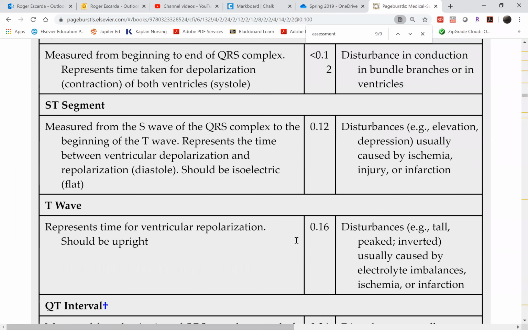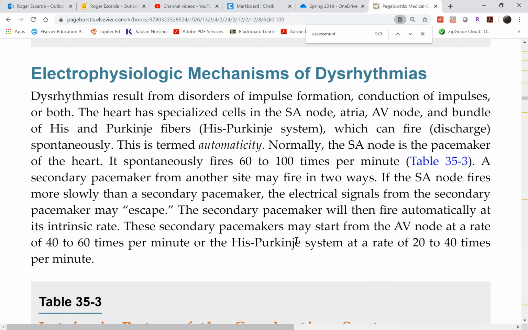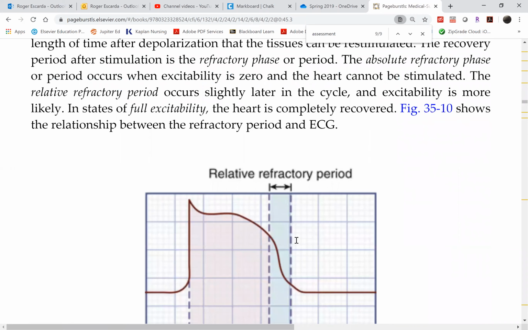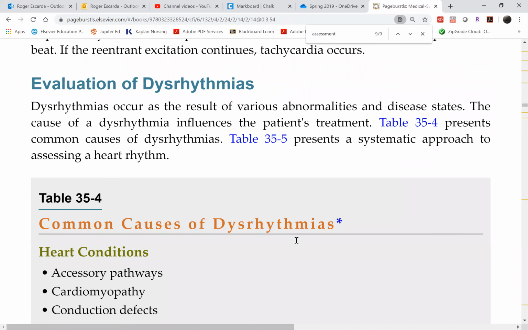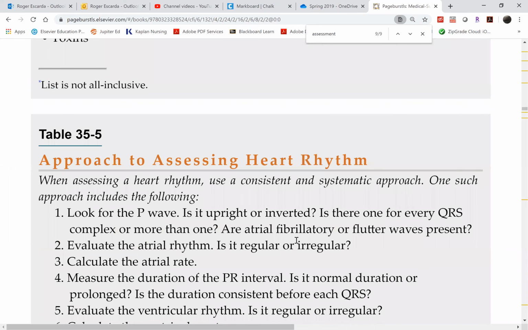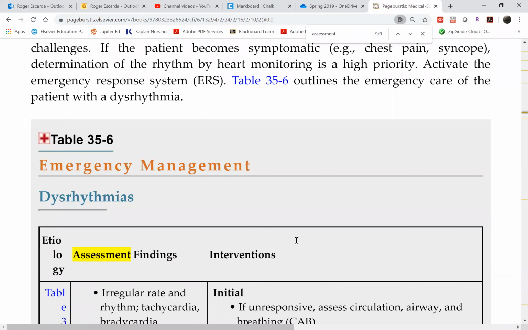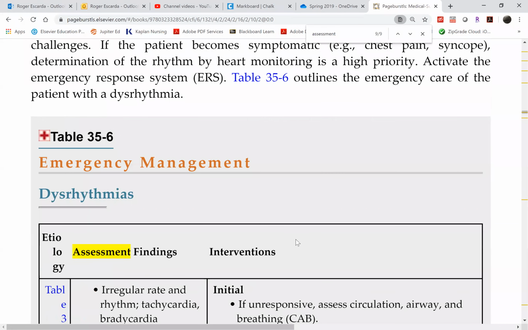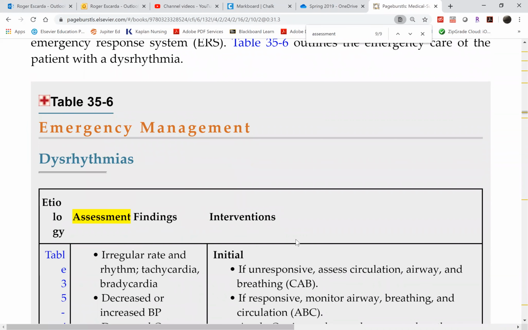In sinus bradycardia, the rate is under 60, and in sinus tachycardia, the rate is over 100. But basically, if you do all the measurements, they are within normal limits. The PR interval is normal, QRS duration is within normal. The ST segment is isoelectric. The T wave is positive deflection and not tall or peaked.